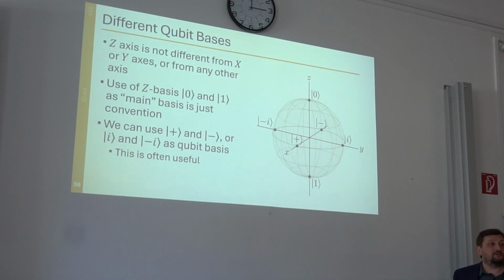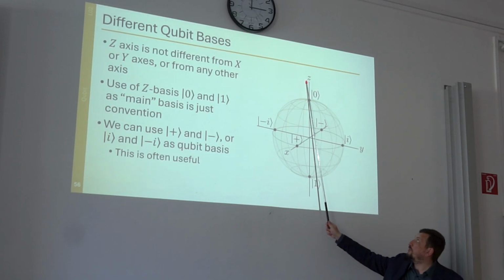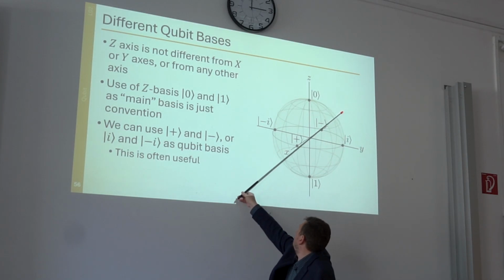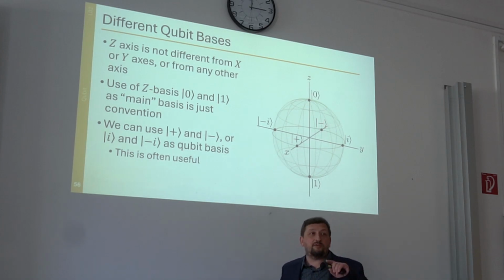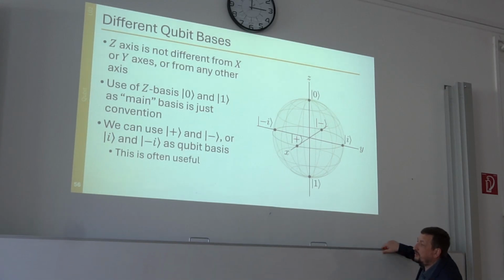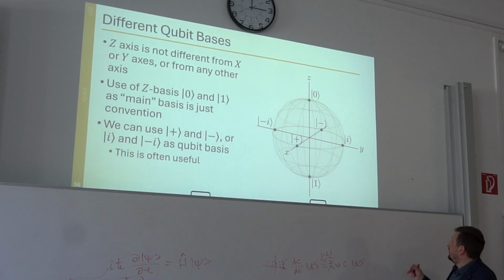This pair of states will serve as a perfectly fine basis with the same properties. And this is the reason why these two states are called z-basis states, because this is a basis related to the z-axis. What is the x-basis? These are the points that lie on the x-axis, plus and minus, and we can write a general qubit state also as psi, which is some c plus times plus, plus c minus times minus.